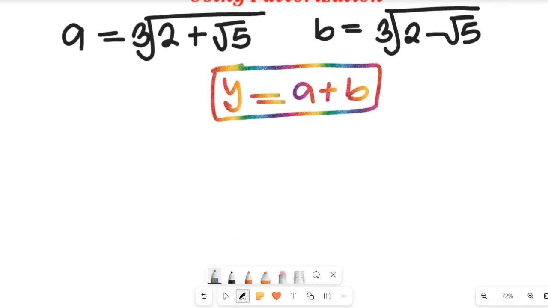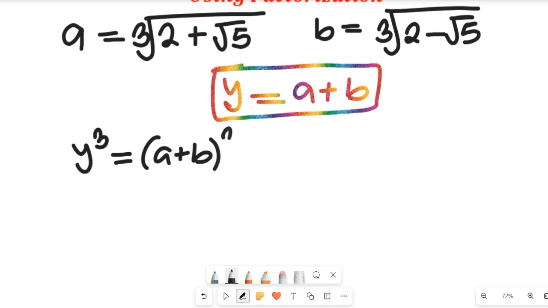I'm going to look at these two radicals and simplify them. To simplify them, let me take the cube of both sides, and this will be equal to (a plus b) cubed.